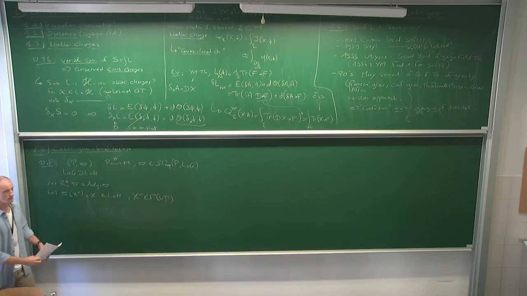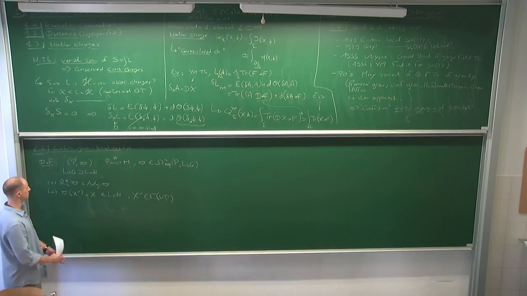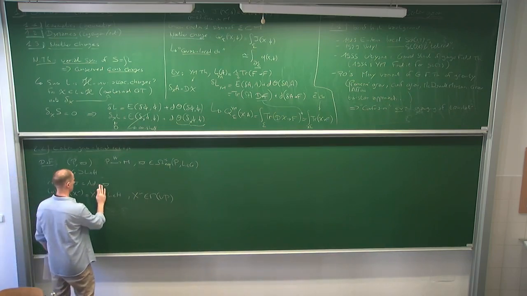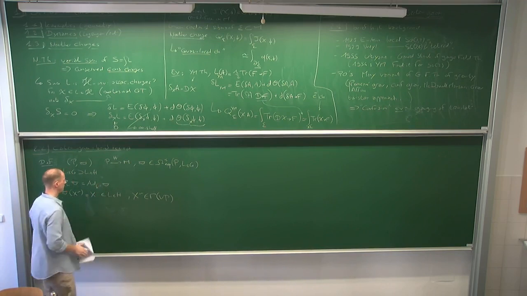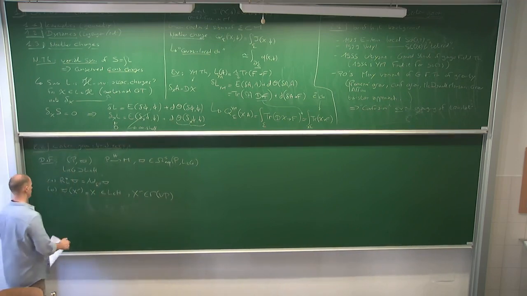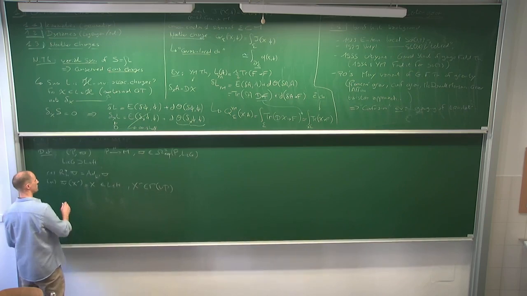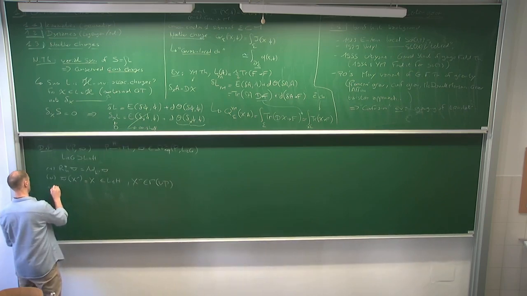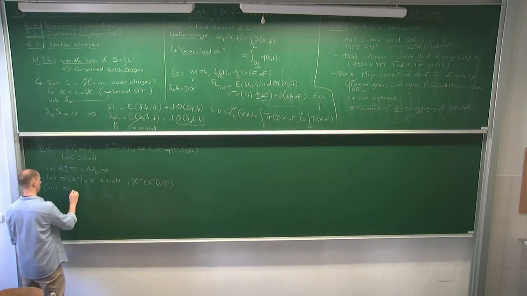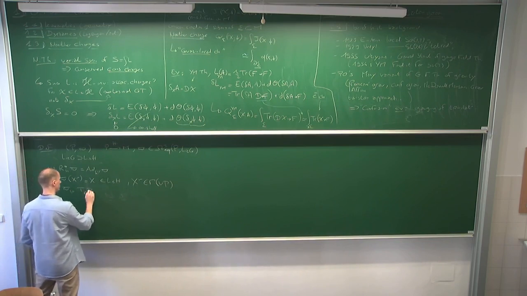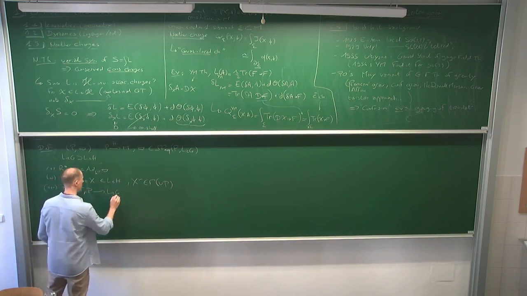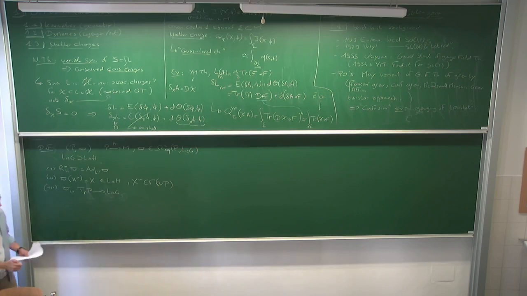The projection is in H, right? Not G. Sorry? Yeah, sorry. Thank you. And the third, of course, is that the Cartan connection is a linear isomorphism between the tangent space at any point and Lie G, or an absolute parallelism.